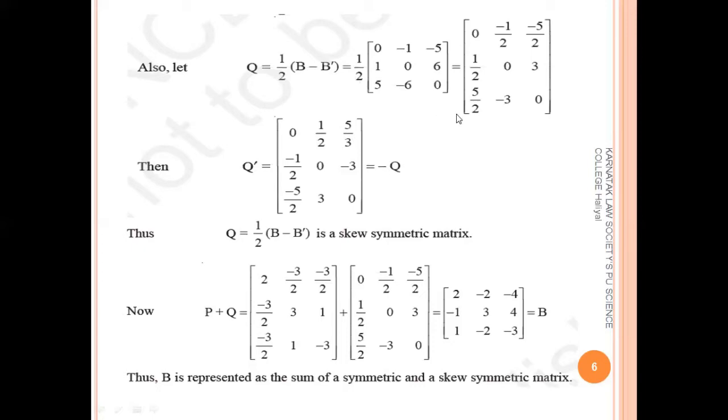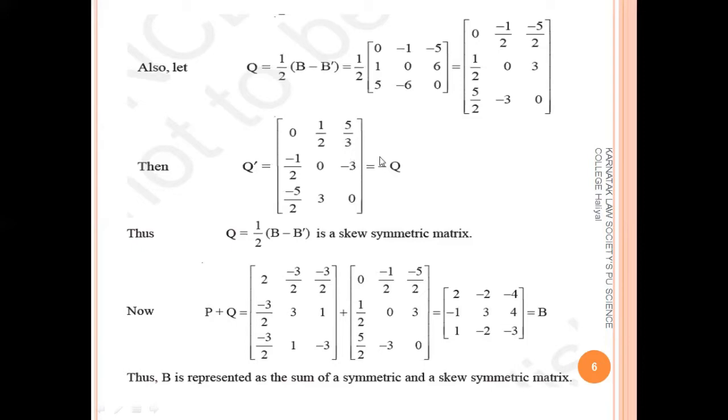Here also you need to take the transpose. That is converting rows into columns. But it is not exactly equal to Q. See that 0. In Q it is minus 1 by 2. But here it is 1 by 2. And in Q it is minus 5 by 2 in the first row. Here it is 5 by 2. And here the signs are changed.